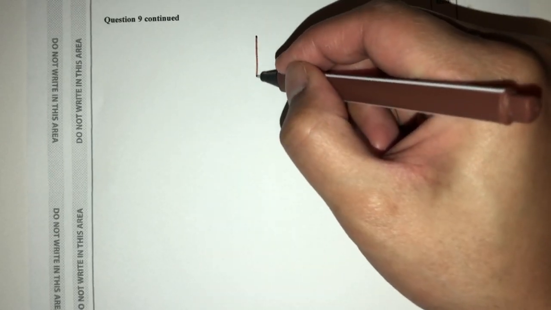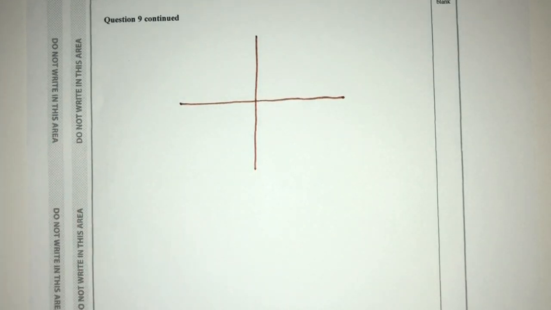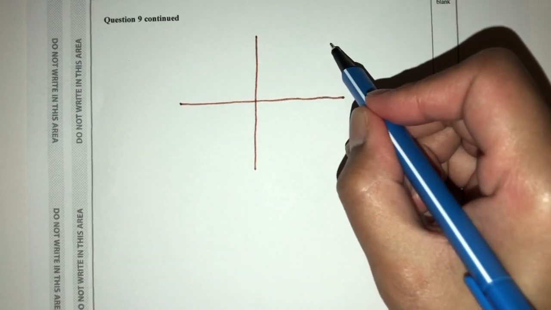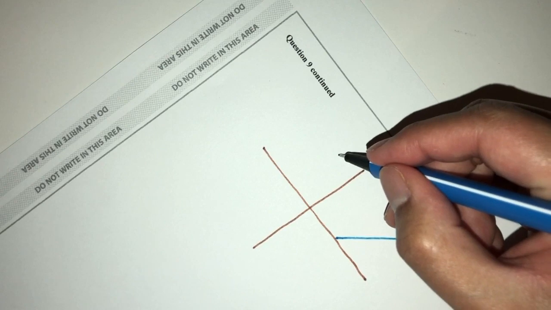So the main idea is that right now, let me combine the two graphs. This is the y and this is the x, right? So this is the blue graph. The second graph will be something like this. That was something like this, for example.